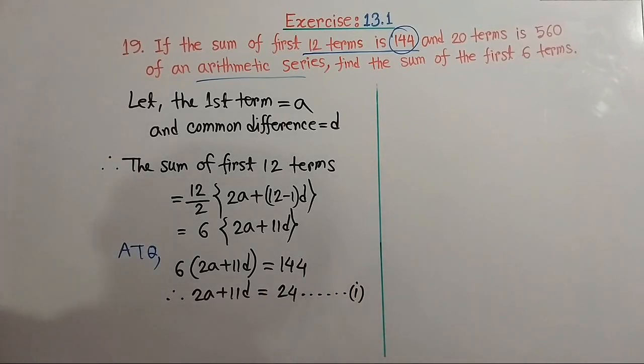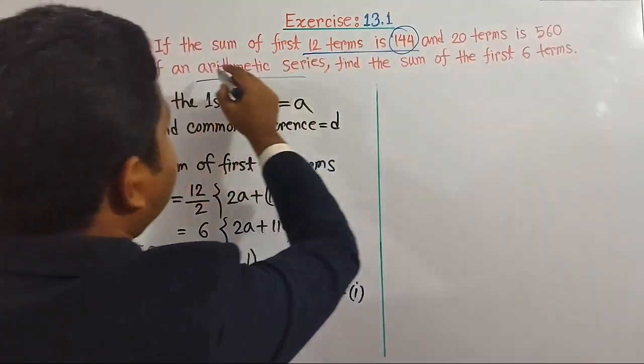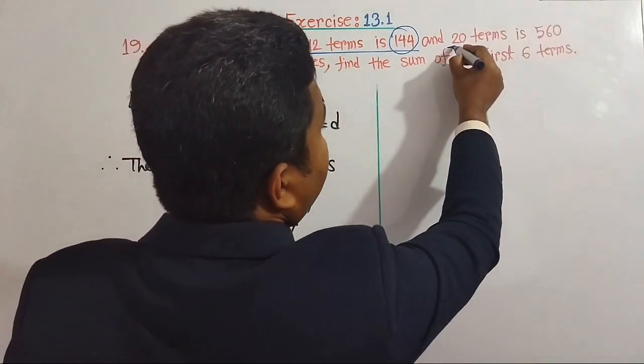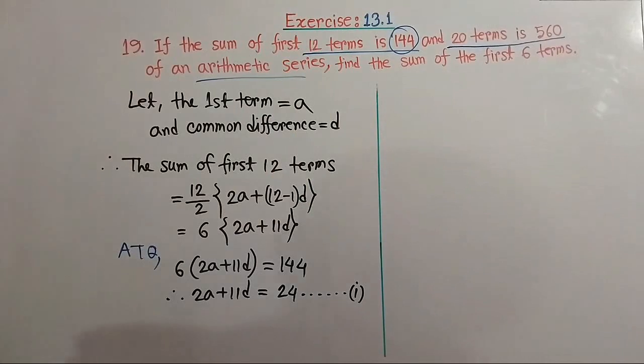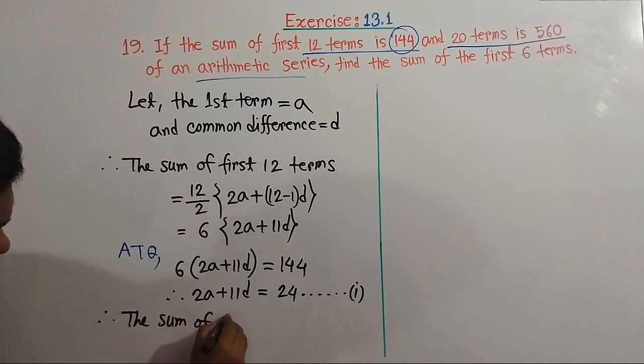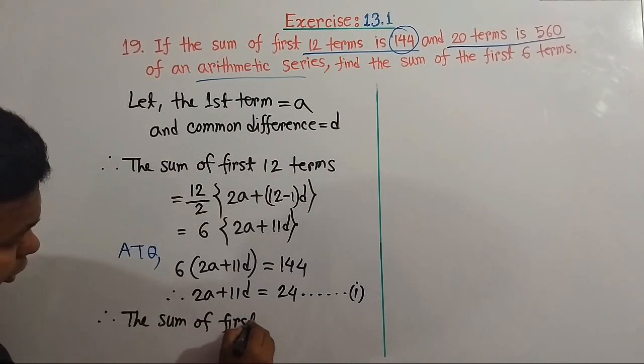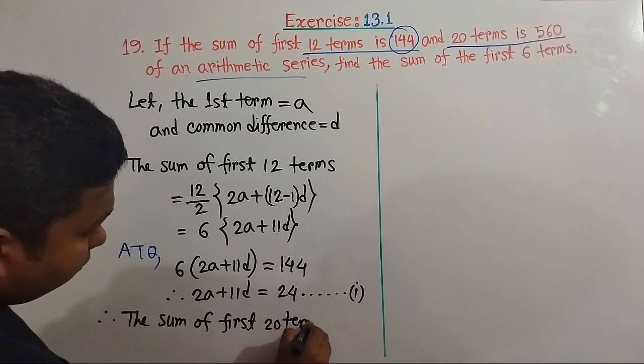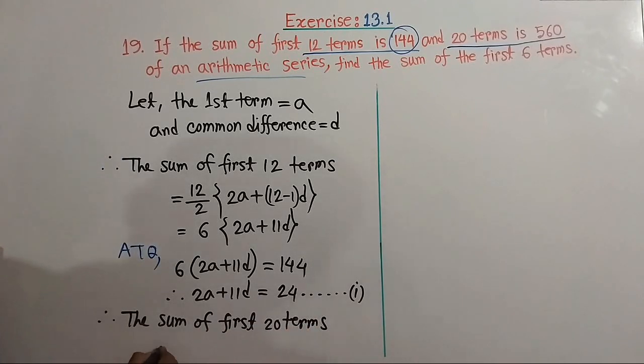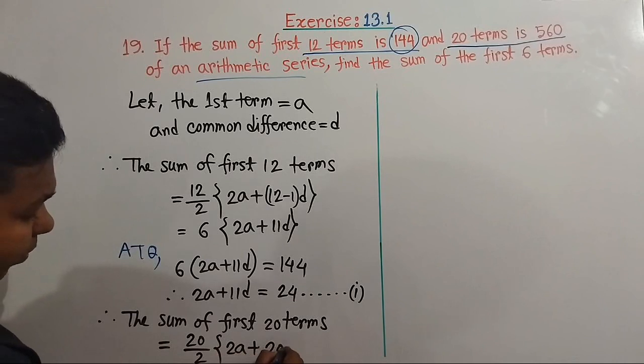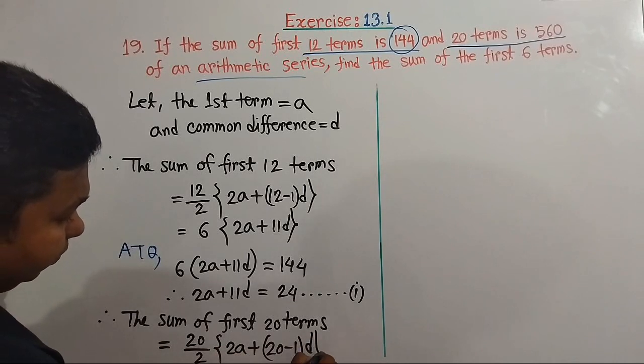Now our second condition, the sum of the first 20 terms is 560. So now we write the sum of the first 20 terms equal to, here you all know the formula, n by 2, that is 20 by 2 into 2a plus 20 minus 1 into d.